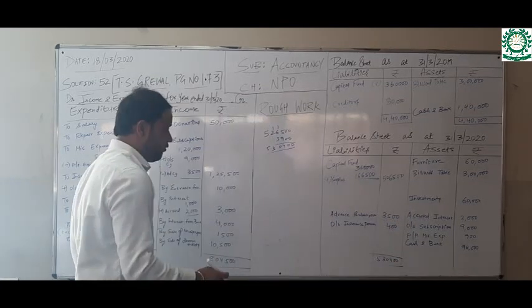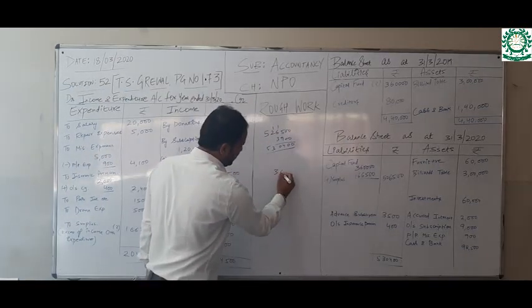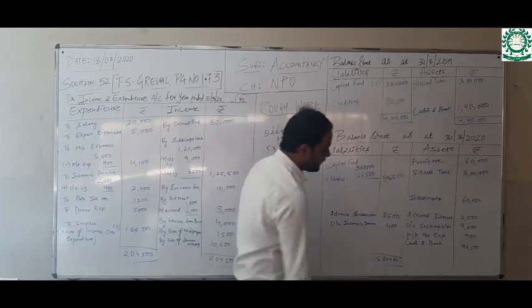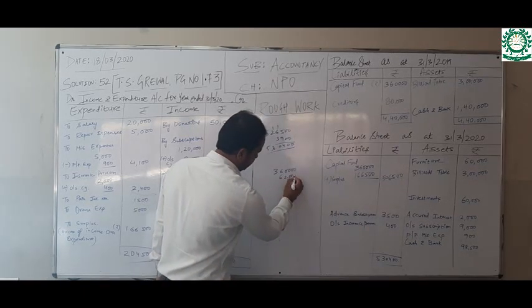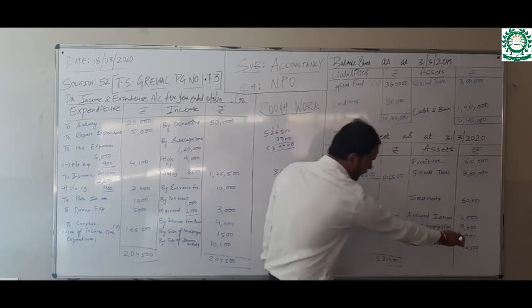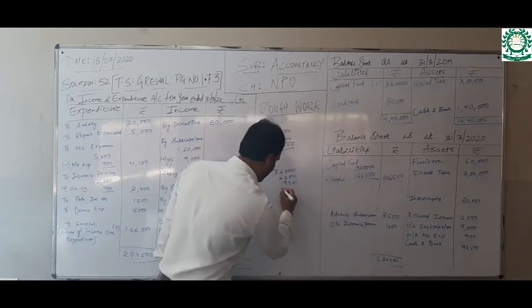Let's see the same total. Do we get on the asset side or not? 60 and 3 lakh, that means 3 lakh and 60,000. 60,000 plus 2, 62,000. 9,900. And lastly 98,500.